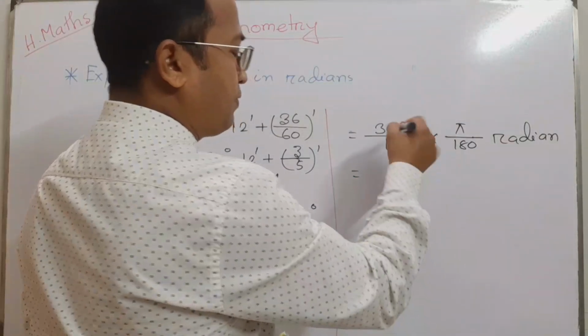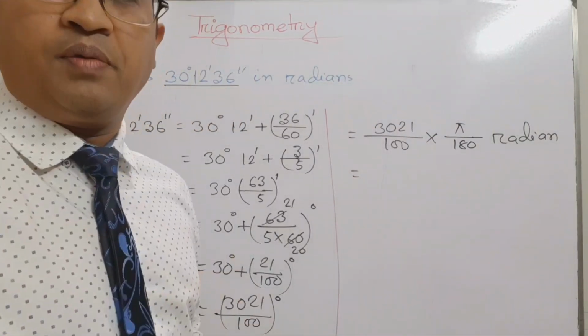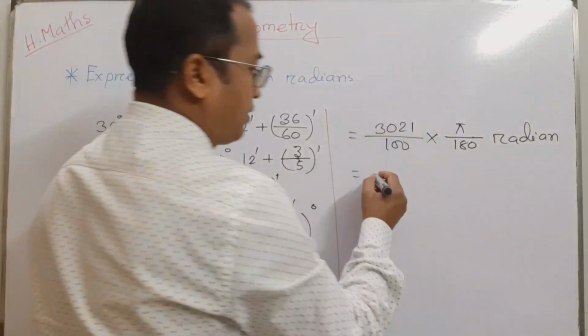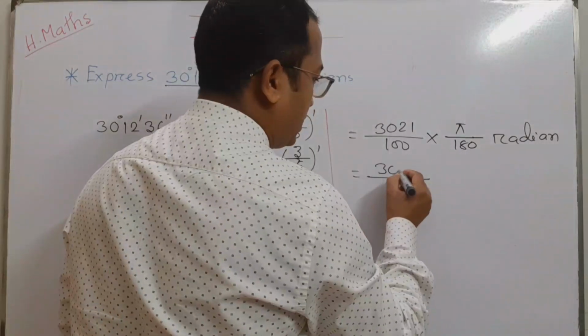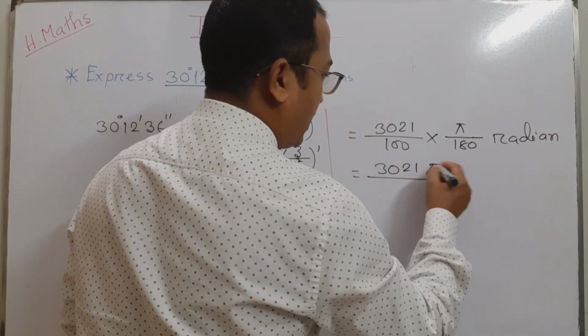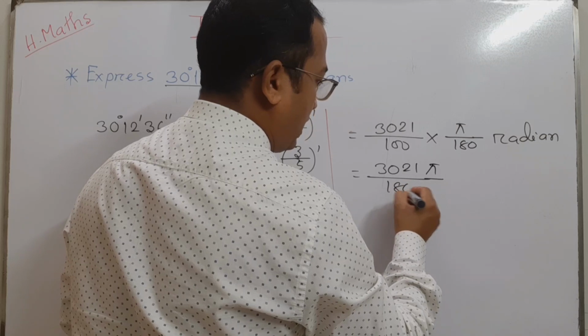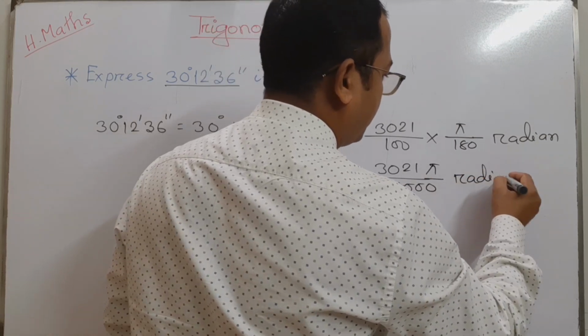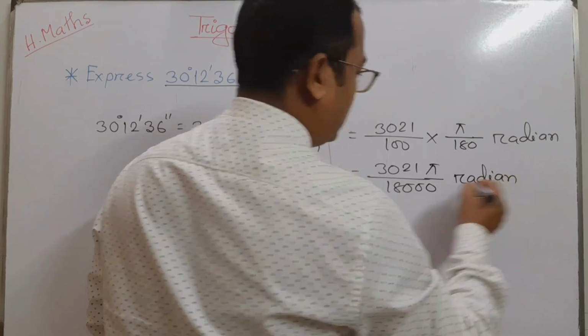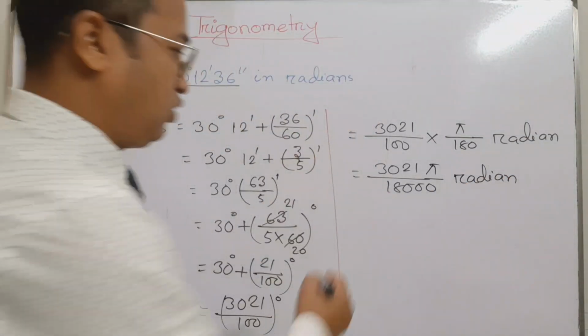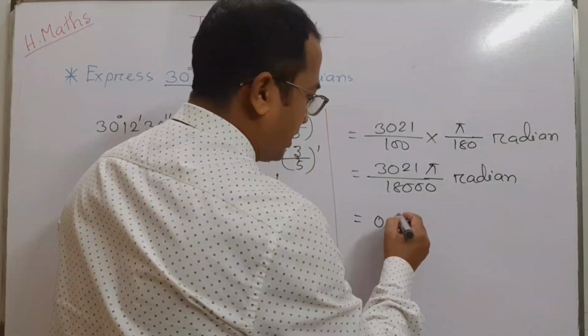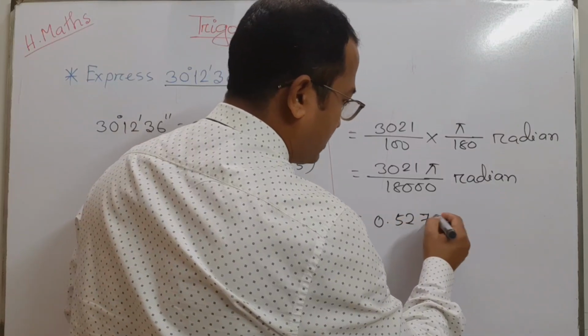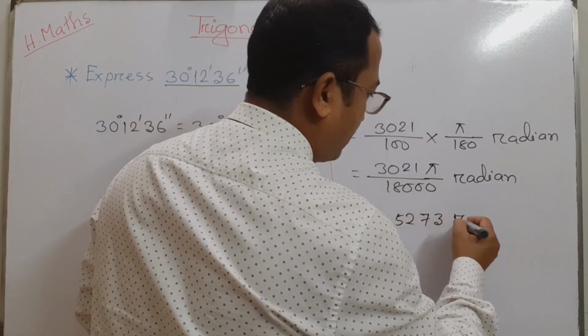Now if you calculate it, what it will be? Now multiply it, it will be 3021 pi by 18000 radian. Now, if you divide it, it will be 0.5273 radian.